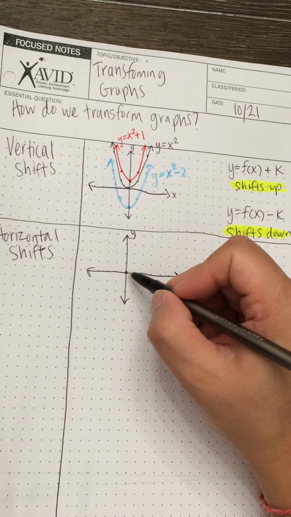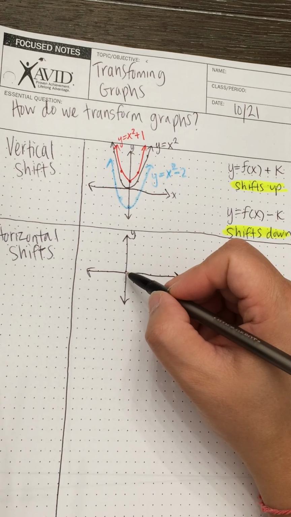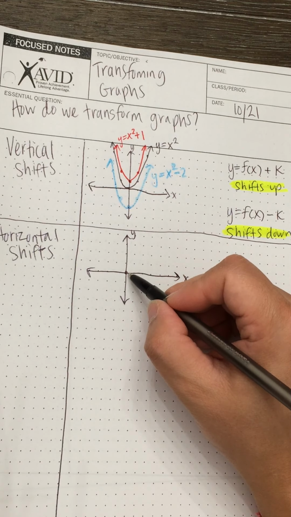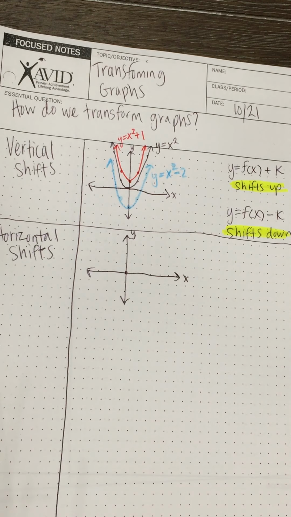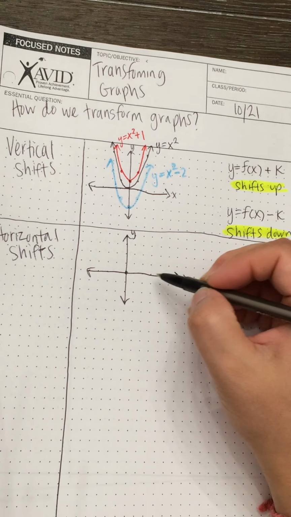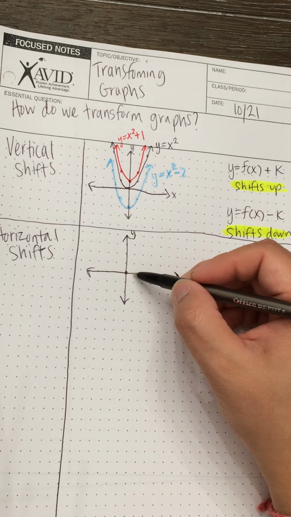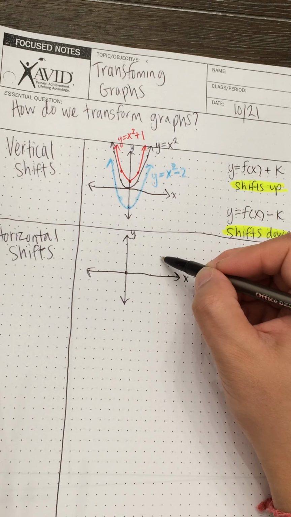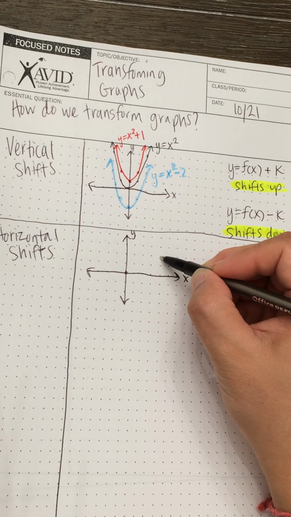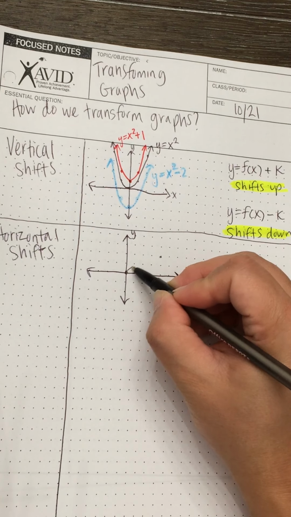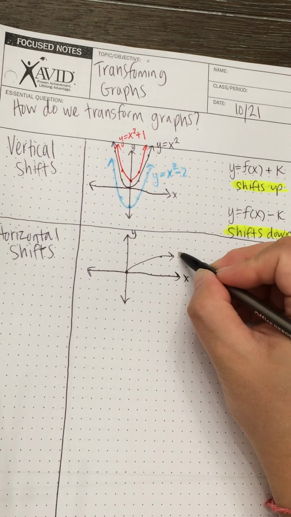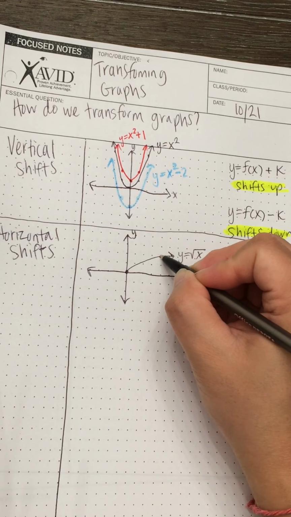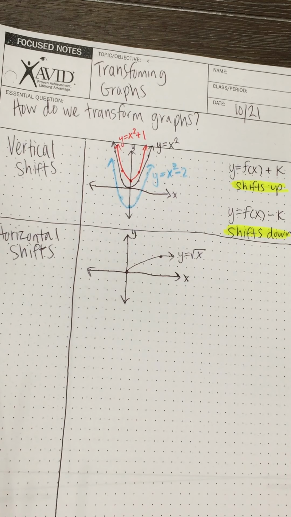If I plug 1 in, square root of 1 is not 1, so let's do the square root of 4. The square root of 4 will give us a nice number. So square root of 4 will give us 2. So here is the square root function. I'm just choosing nice numbers to help us out.